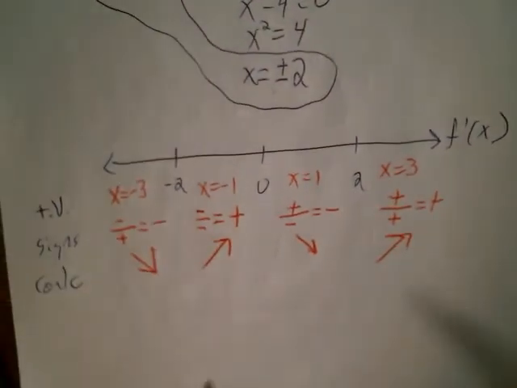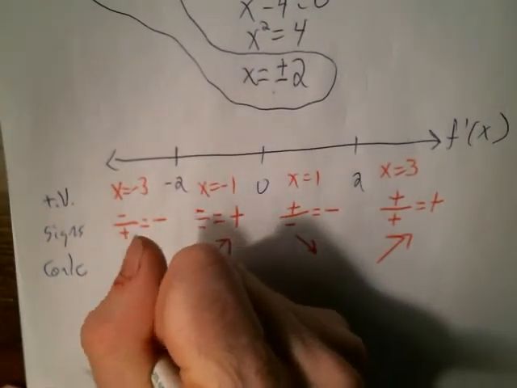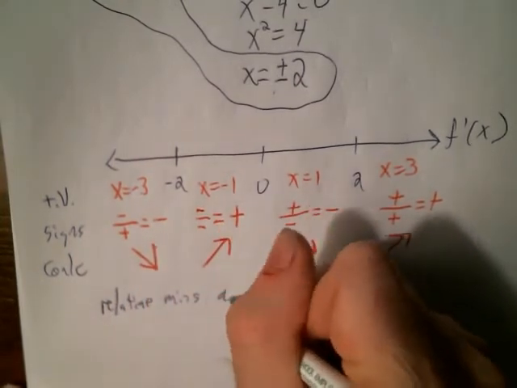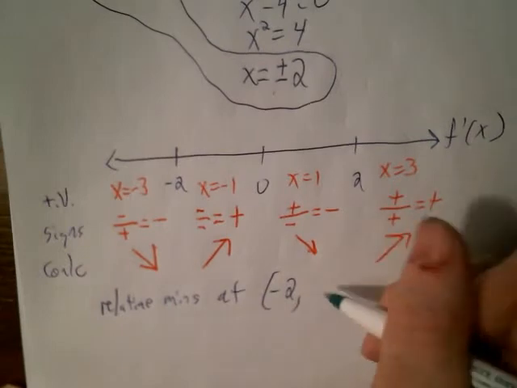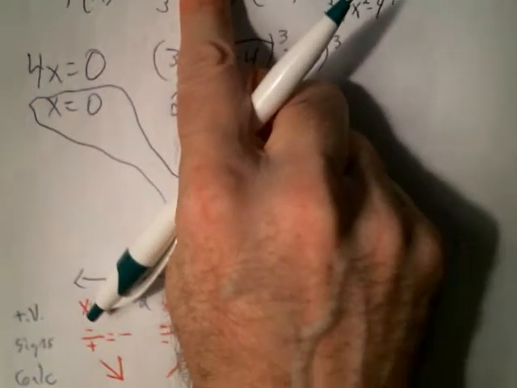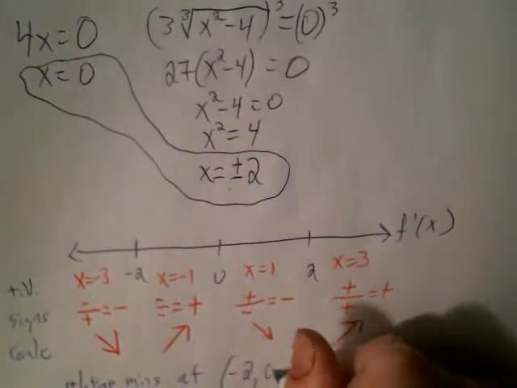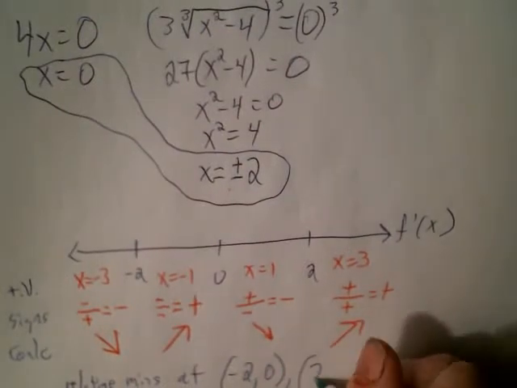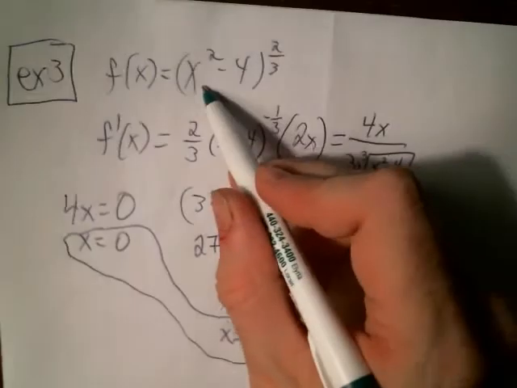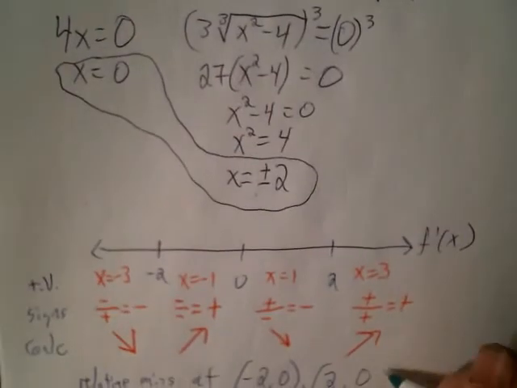Okay, so let me write that out. There's relative mins at -2 comma f of -2. So I have to plug -2 into here, and that's going to give me 0. And also at 2, there's another min. Plugging 2 into there, 4 minus 4 is 0, so that's also 0.